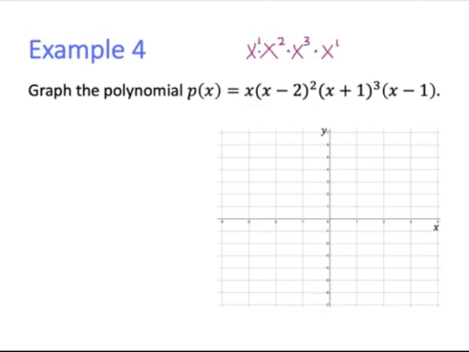We learned about exponents, when you multiply the same base, you add the exponents. So 1 plus 2 is 3, plus 3 is 6, plus 1 is 7. So our leading term here is going to be x to the 7th. For x to the 7th, notice that we have an odd exponent and a positive coefficient of 1.